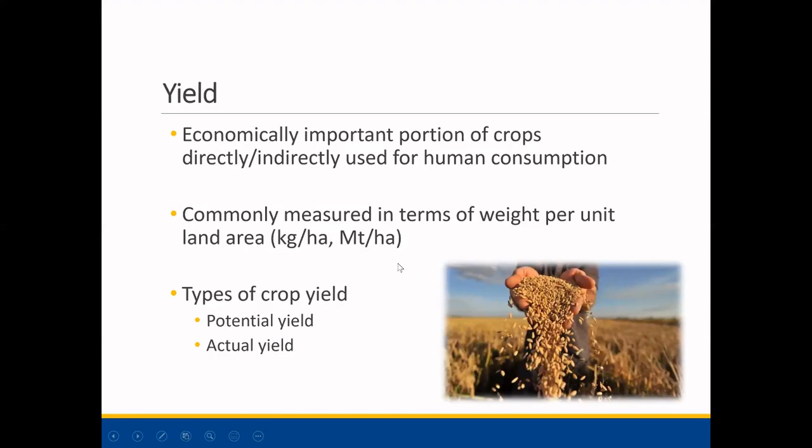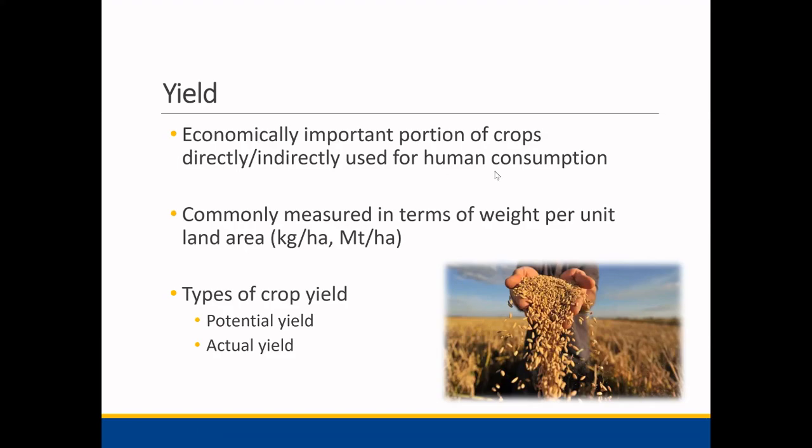Let's move to yield. We always talk about yield, so what is it? Yield is the economically important portion of the crop that is used directly or indirectly for human consumption.